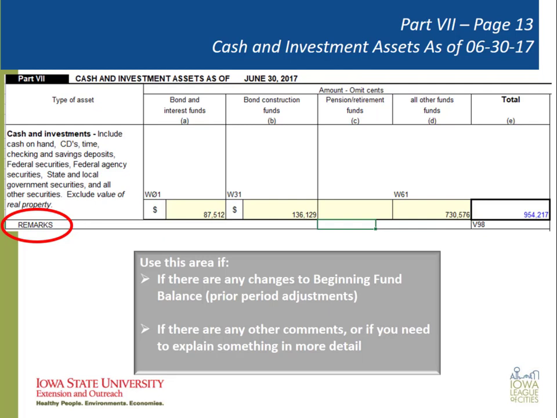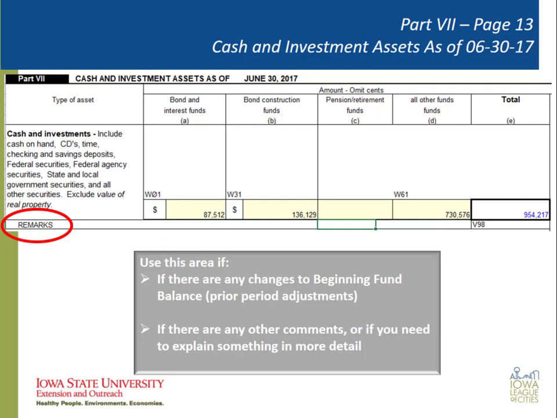Now we're going to move on to a little line called remarks. This is the area that you're going to use if there are any changes being made to the beginning fund balance on your worksheet. So after submitting your annual finance report last year, you realized that something was miscategorized, or you went through the process of an audit and they made some major changes, moving an expense from maybe a capital project account to a proprietary account.